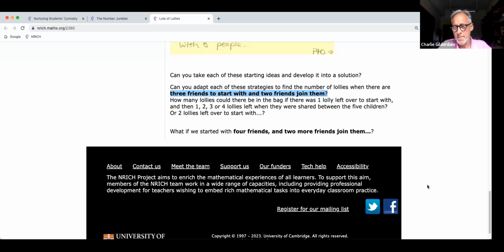Okay, so if we had 10, when there were 3 children, there would be 1 left over, and when there were 5 children, there'd be none left over.